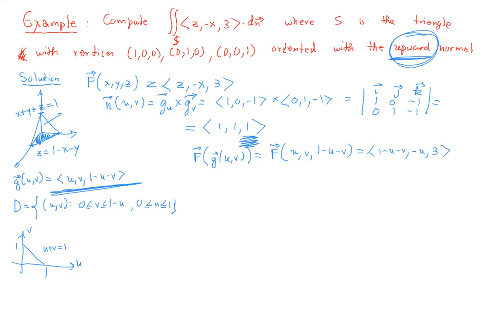And what do I do next? Next, we take the dot product of the pullback by the normal vector. So this is 1 minus u minus v, minus u, comma 3, dot 1, 1, 1. A very nice, convenient situation. So what do we get here?